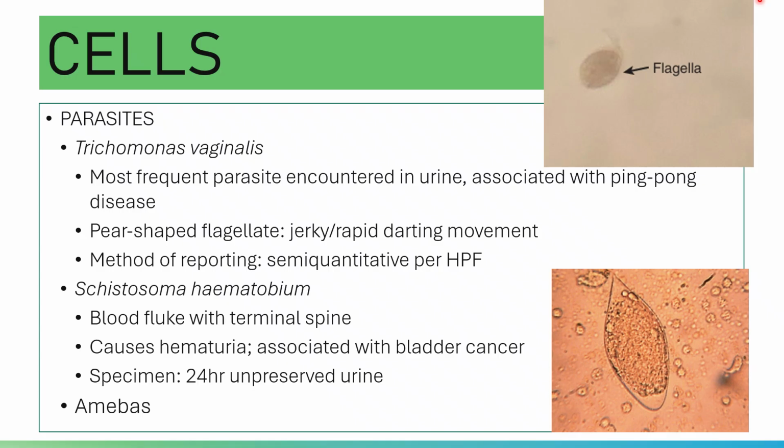Accordingly, please note again that it may be present as a result of vaginal contamination, because the orifice of the vagina and the orifice of the female urethra are different.